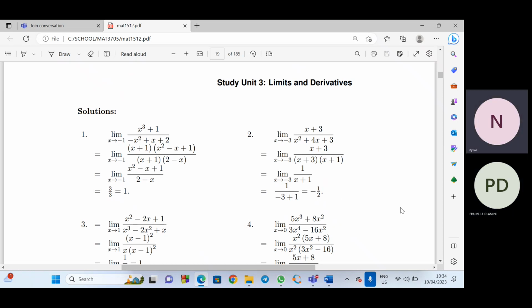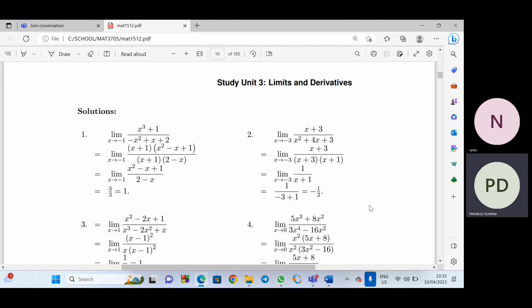So every time when you are differentiating, x as a plain x becomes 1. But it's not necessary that it becomes 1, because if you have 2x and you are differentiating 2x, the answer is going to be 2.